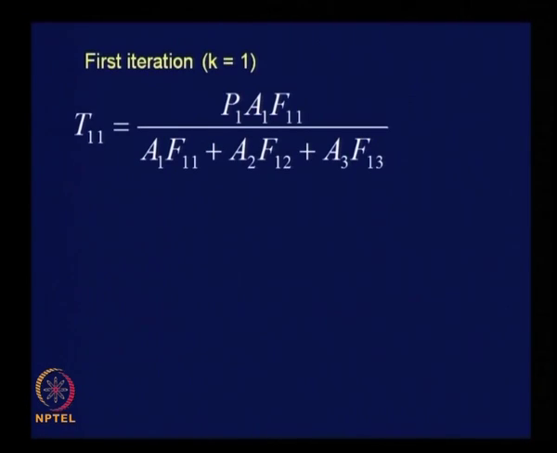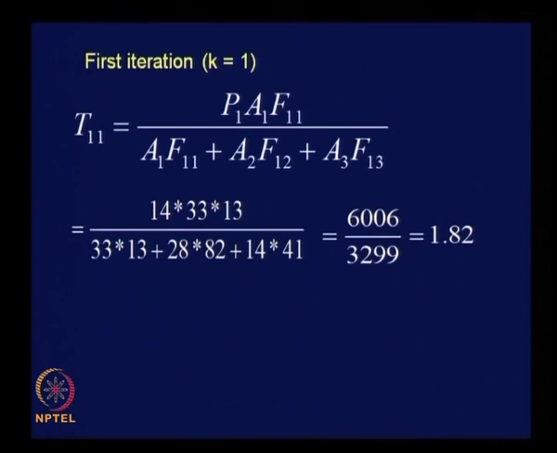Accordingly, we can write T11, intrazonal trip distribution within traffic zone 1, to be P1 A1 F11 divided by A1 F11 plus A2 F12 plus A3 F13, and substitute the values: 14 into 33 into 13. 14 is the Pi value, 33 is Aj and 13 is Fij, whole divided by 33 into 13 plus 28 into 82. 82 is again the Fij value, plus 14 into 41, that is equal to 1.82.